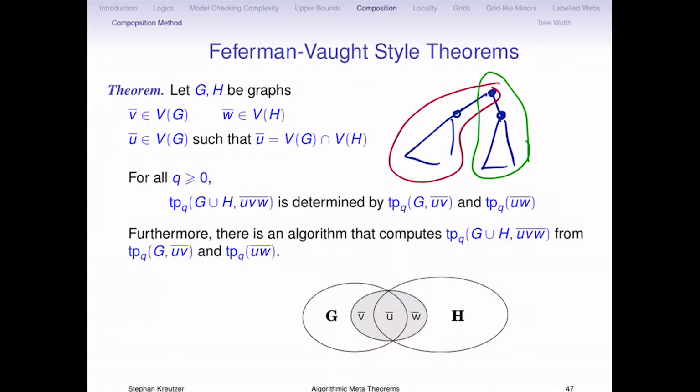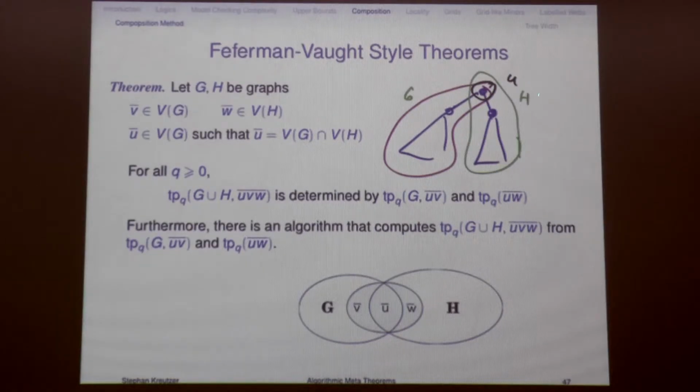We can just say this is G, and this is H. And so the overlap is just this thing in the middle, which would be the vertex U. So this U here, the root of this tree, which is the overlap between the two subtrees, corresponds to this thing in the middle.